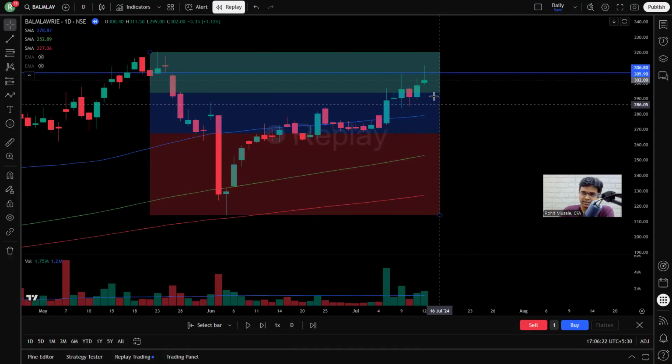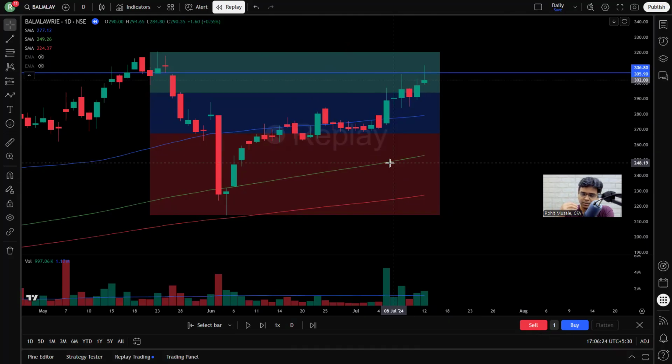It means that the window has been able to assert itself as a resistance on the chart. Let me repeat that. The window has been able to assert itself as a resistance on the chart because in spite of high volume, the supply that was coming was not being completely absorbed.